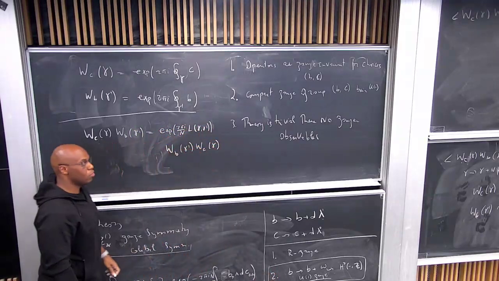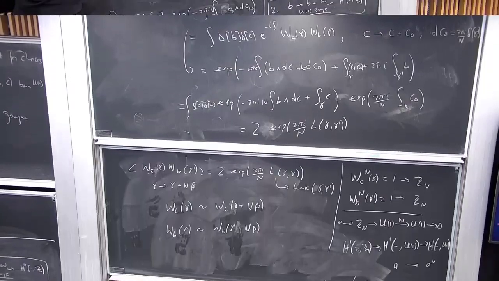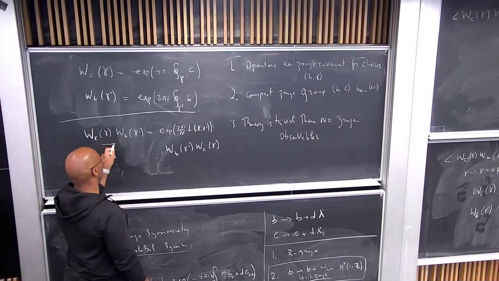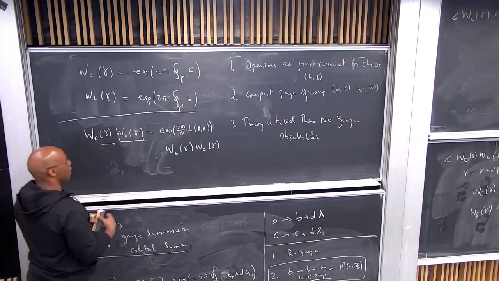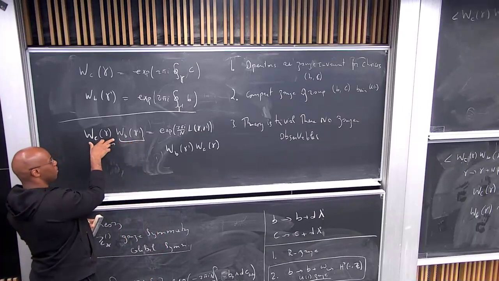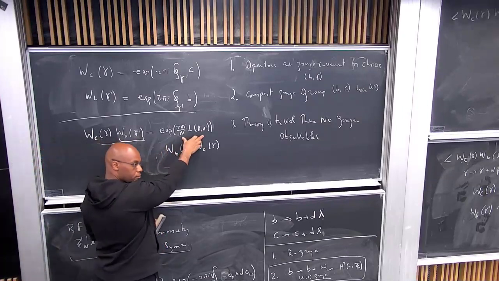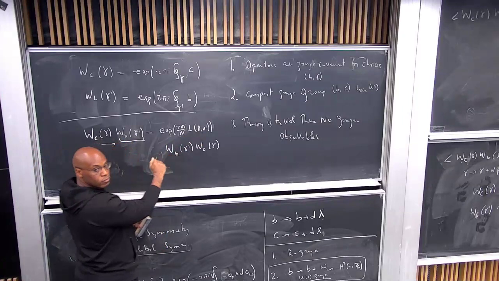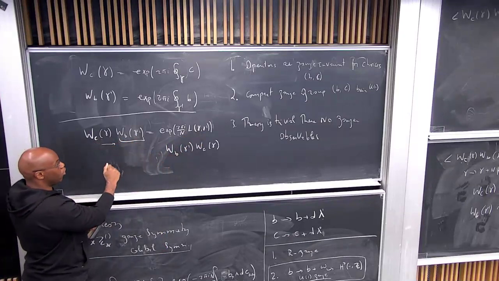Okay, so this is an action which tells you that if I take WB as the operator of the theory and I act with WC on this, I get a charge over here times WB. So this is a group action. And I could also read it the other way around.